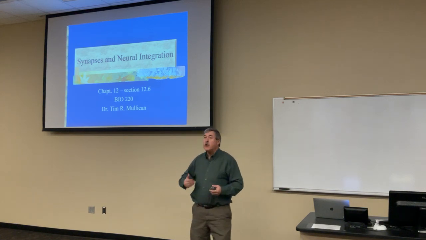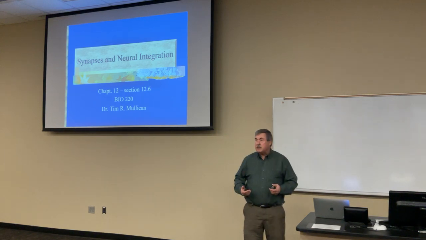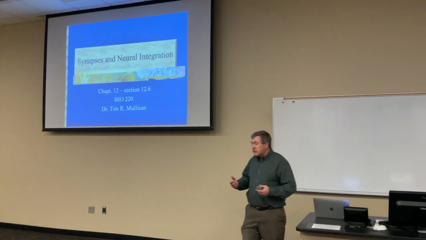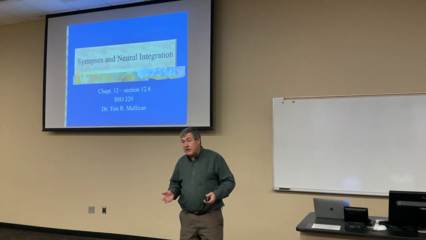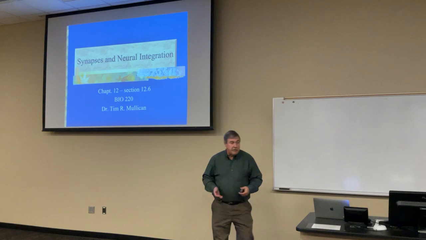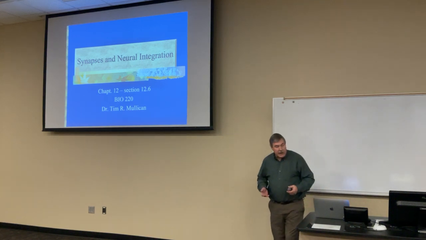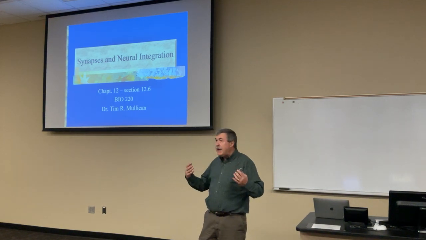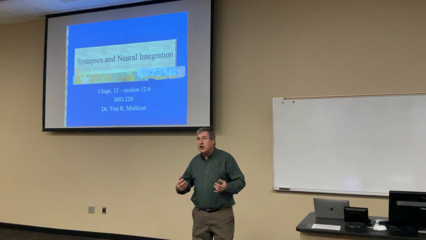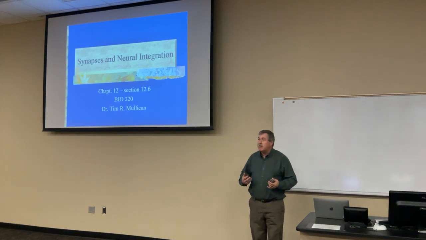That's where the neurotransmitters are released. This is called synaptic transmission. So we're going to look at the mechanism of synaptic transmission today, which is really fairly simple. We're going to talk a little bit about neurotransmitters and how they work, and then we're going to look at how our brain and our spinal cord integrate information that's sent by neurons.